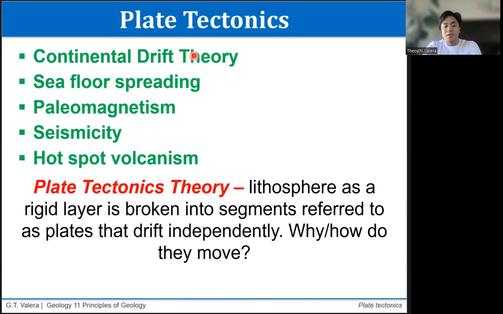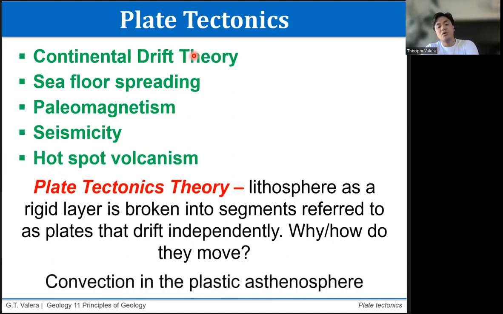We now know that it's not because of the tides or the gravitational pull of the moon as Wegener first proposed, but rather it's due to convection in the mantle. When you have a temperature difference between the core and the crust, then inevitably you generate convection cells to transfer the heat from the warmer core towards the cooler crust.